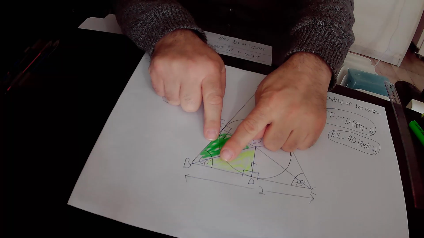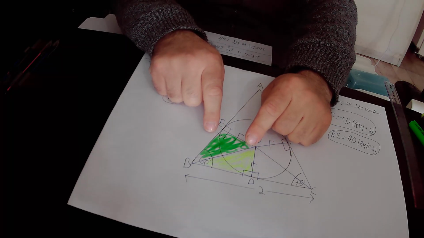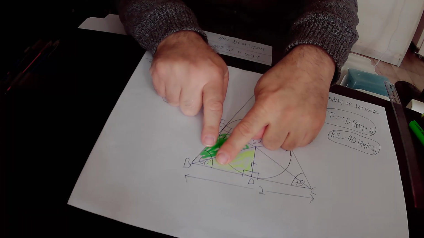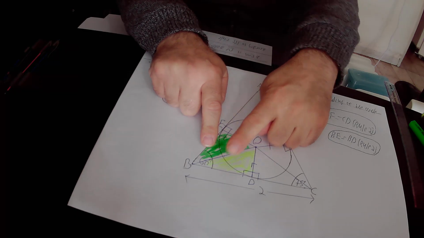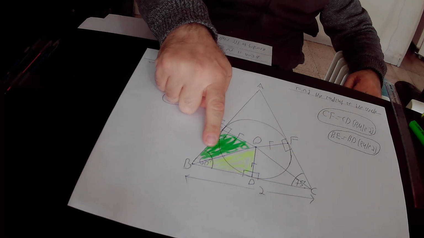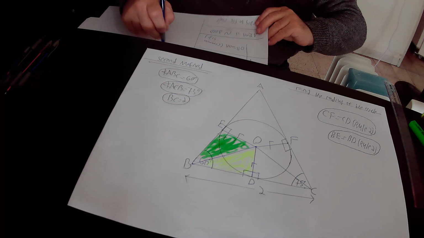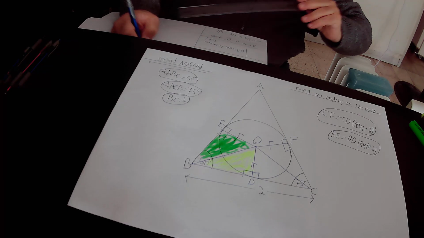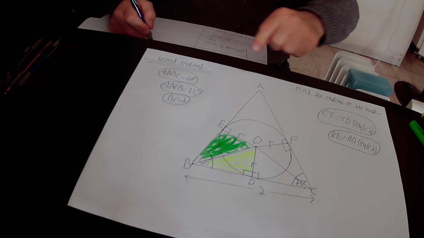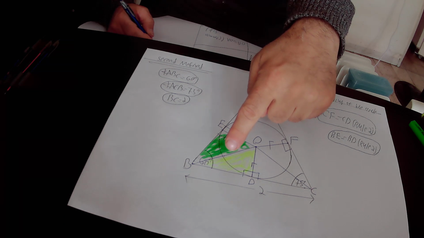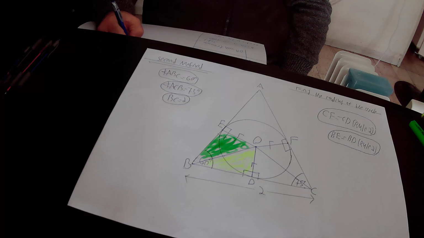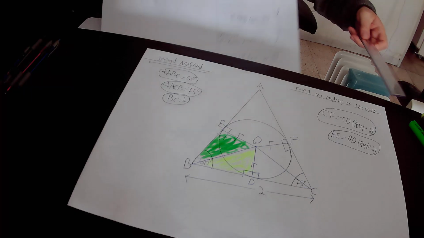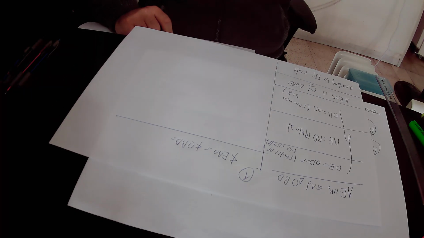So this is angle EBO in the green triangle, and it must be equal to this angle, angle OBD in the yellow triangle.